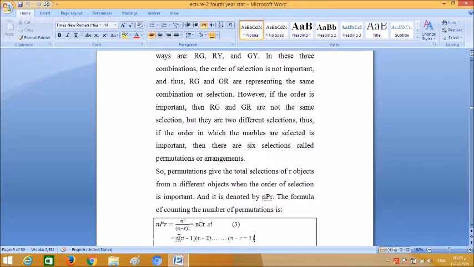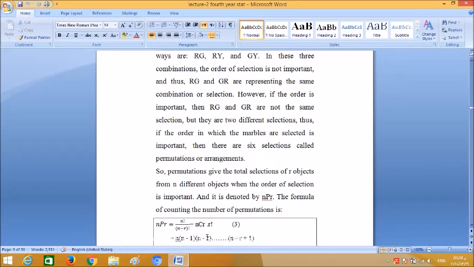Okay, nPr also equals n multiplied by n minus 1 by n minus 2 to reach n minus r plus 1. When using combinations, we reach 3 by 2 by 1, when using n factorial divided by r factorial n minus r factorial.